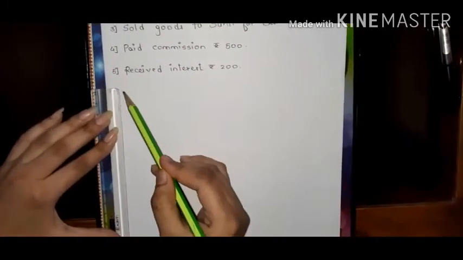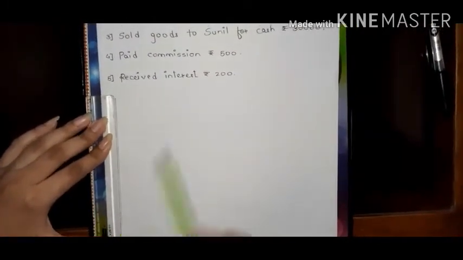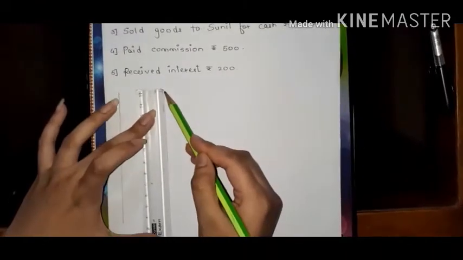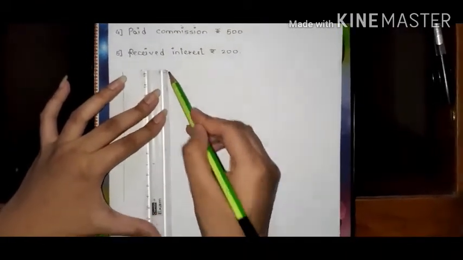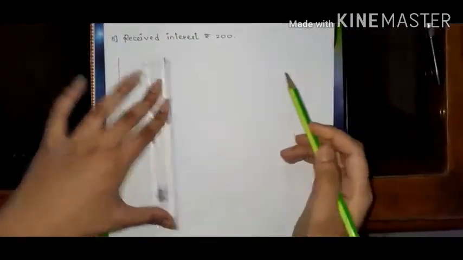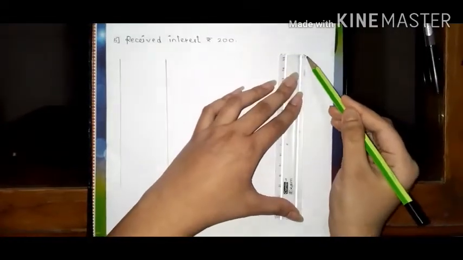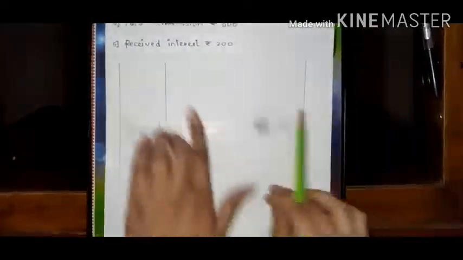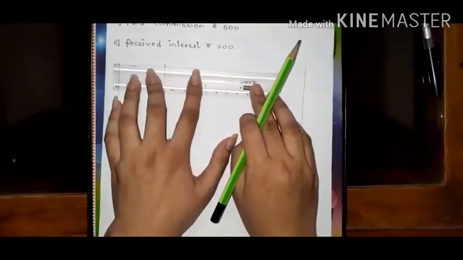Just draw a vertical line over here. We have to make columns over here.